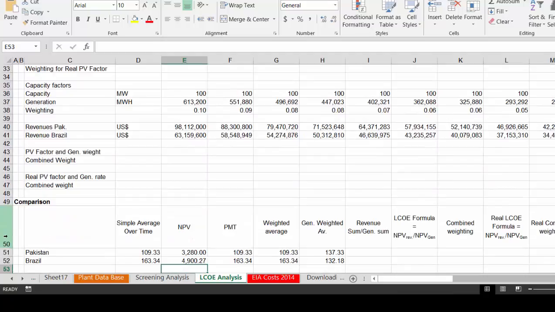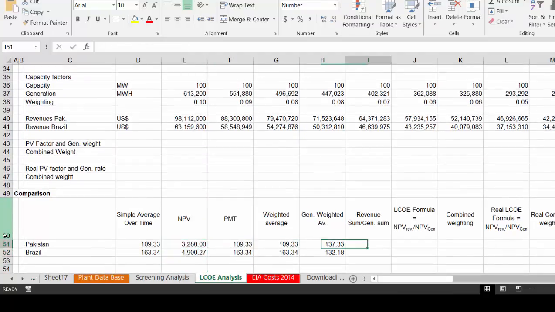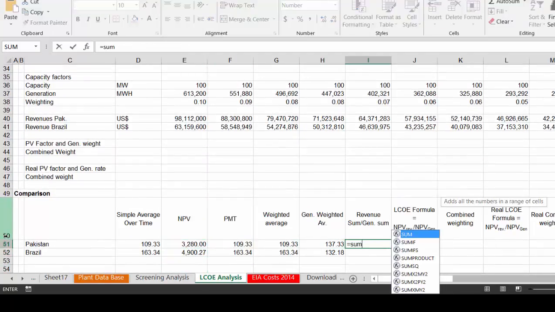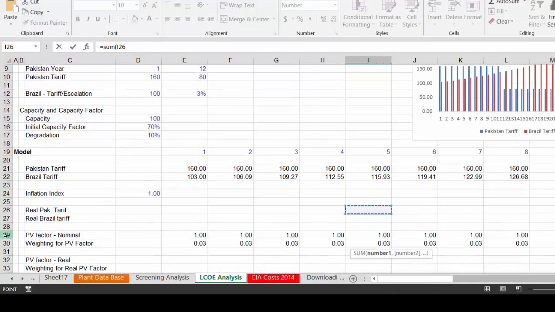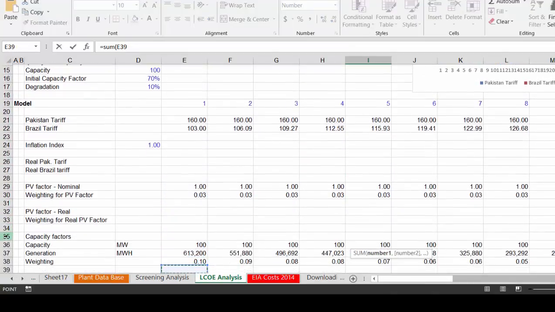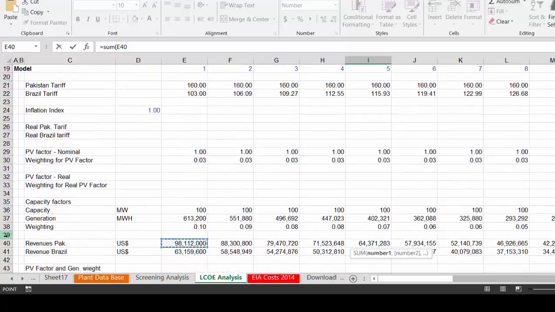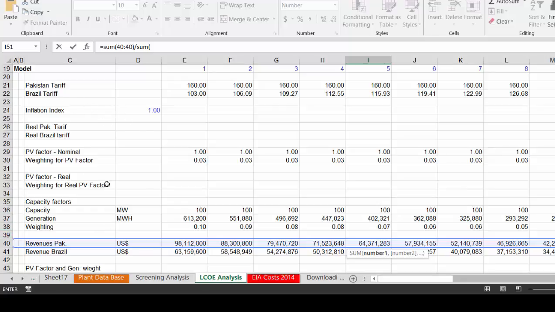Now if we wanted to get the generation weighted at a 0 discount rate, we could take the sum of the revenues and divide that by the sum of the generation. It's like taking the price in each period and doing that.